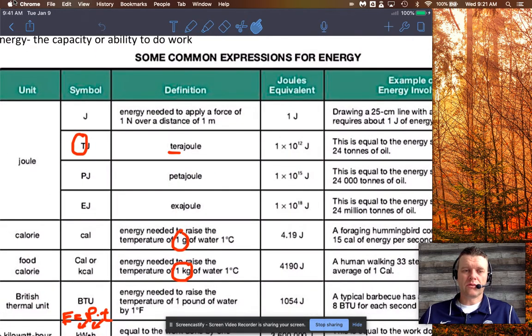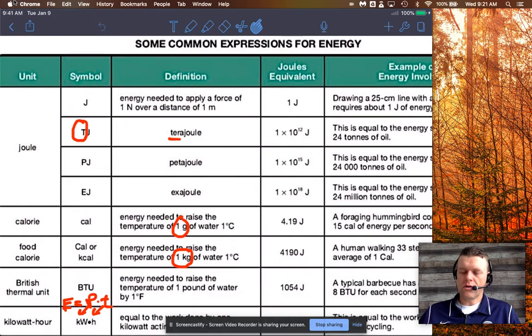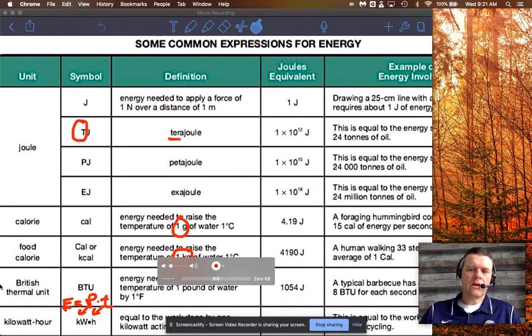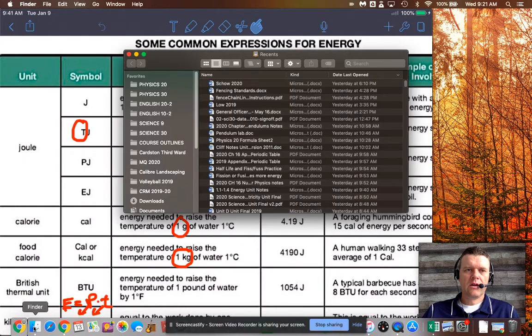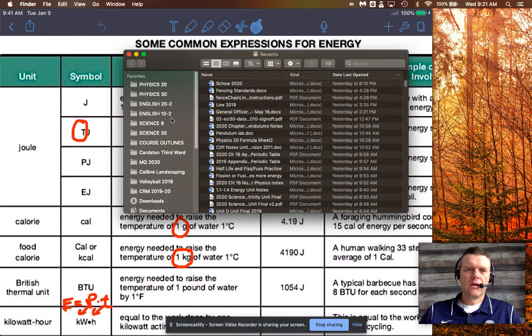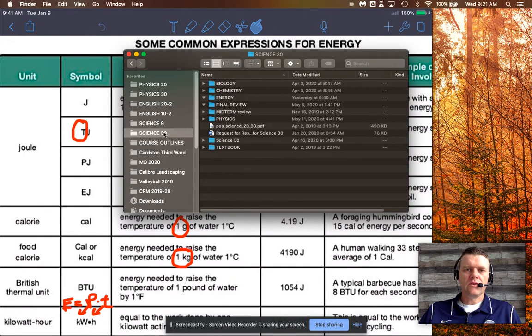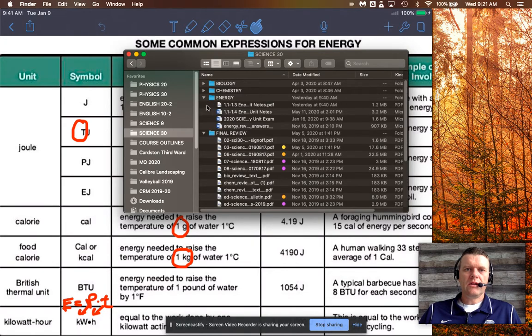Okay, but those letters are found on your data sheet, and in fact, I should probably find that quick so that you can look at some of that. Yeah, here it is right here.